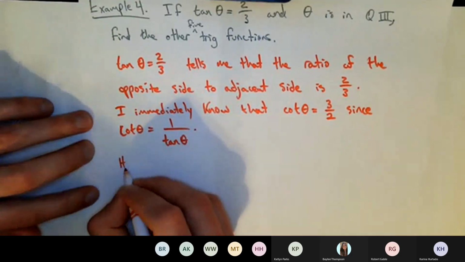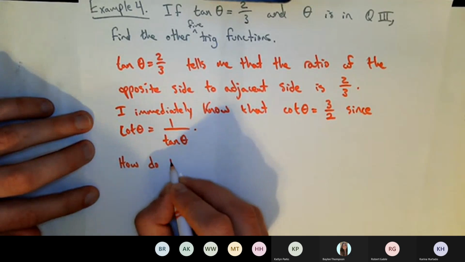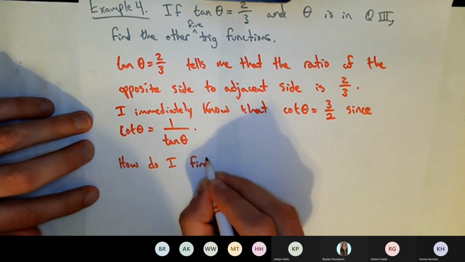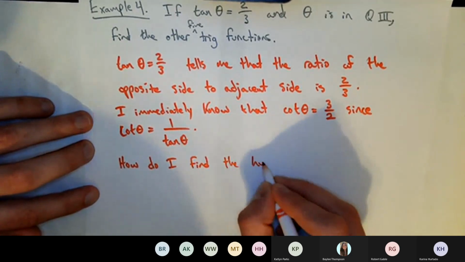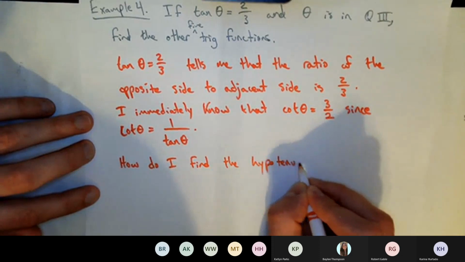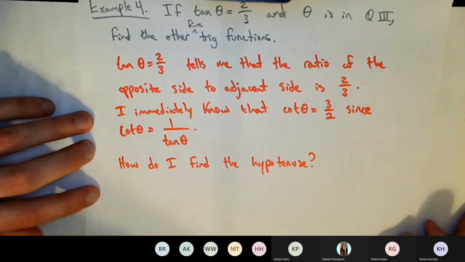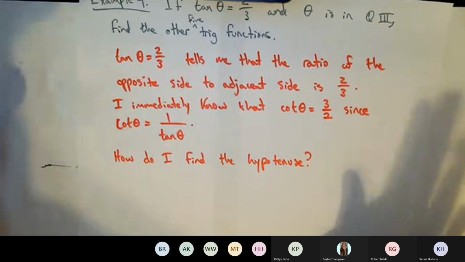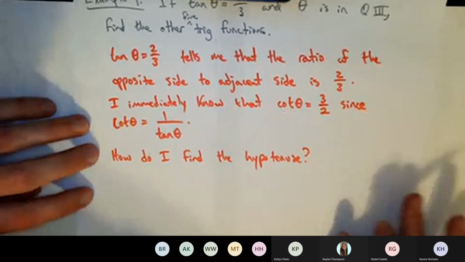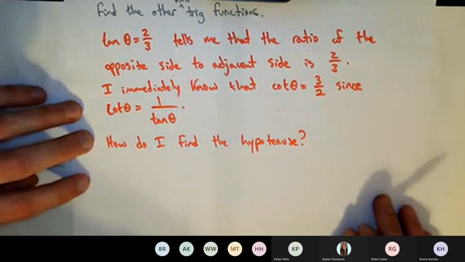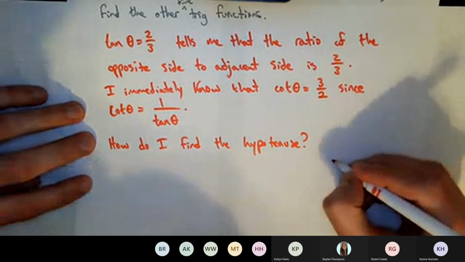So how do I find the hypotenuse? Well, the Pythagorean theorem, right? I've kind of been dancing around it here, but you've probably already thought about it.